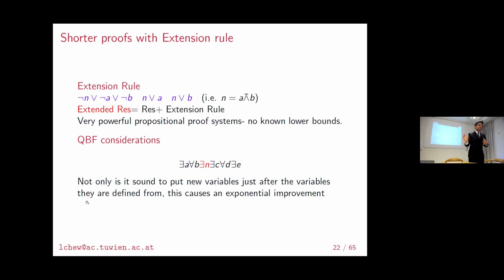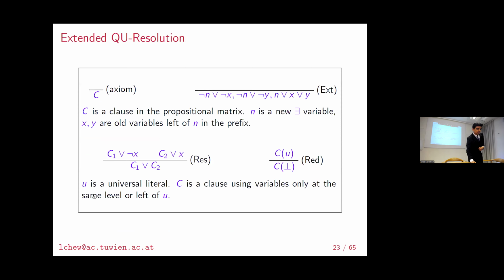In fact, it's sound to put it just after the variables it's defined on. There's an exponential improvement when you do it. There are formulas that require exponential size if you put it at the end, but have short proofs when you put it early.